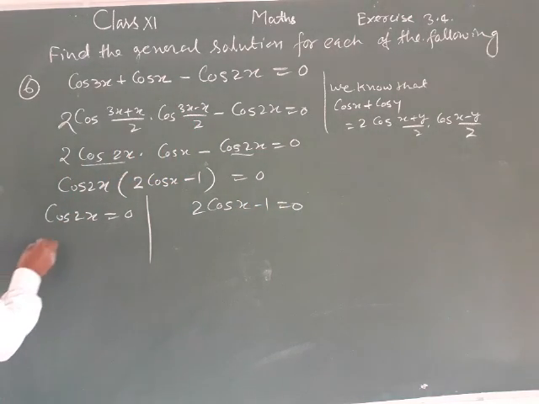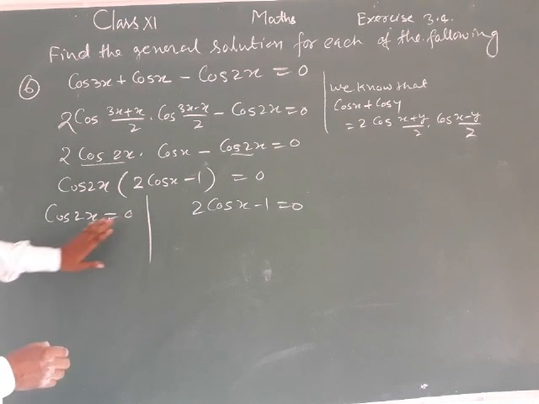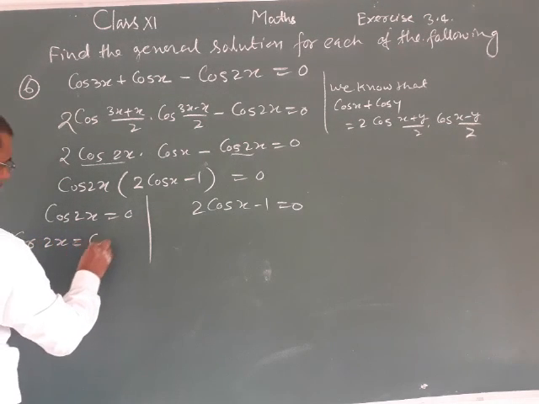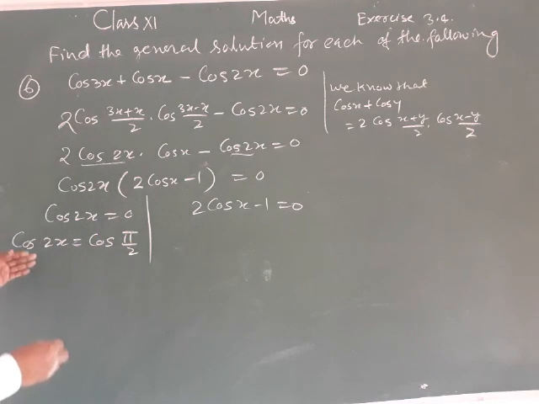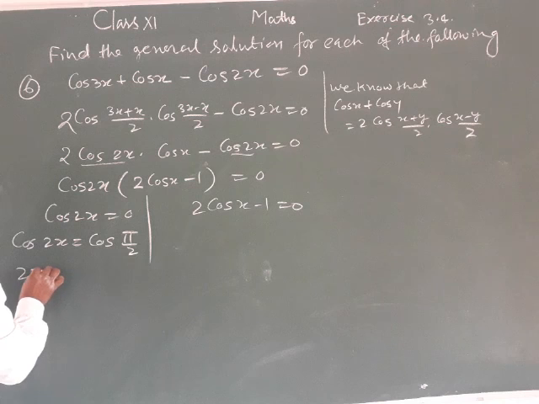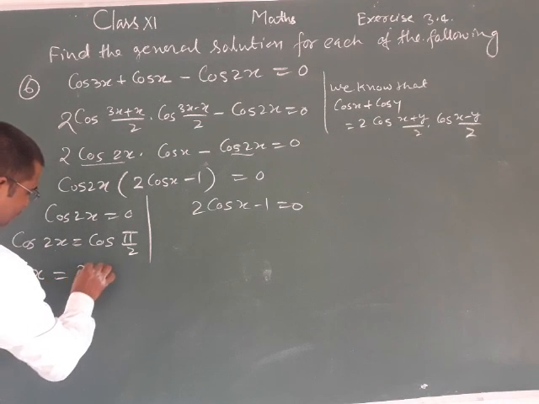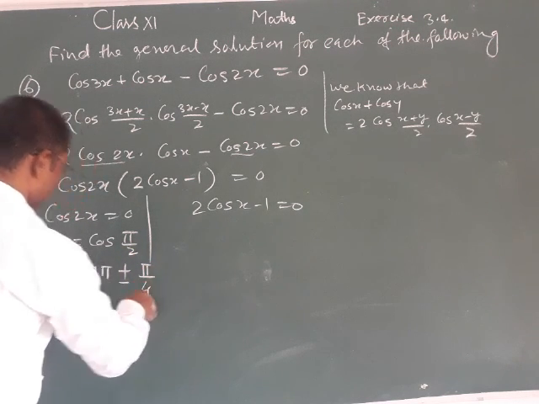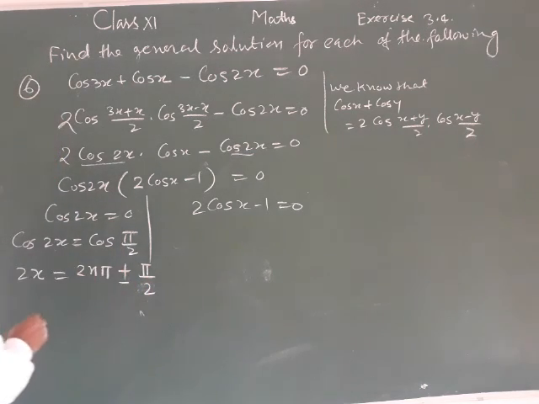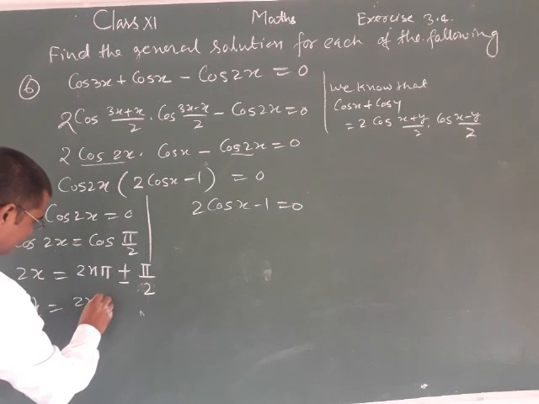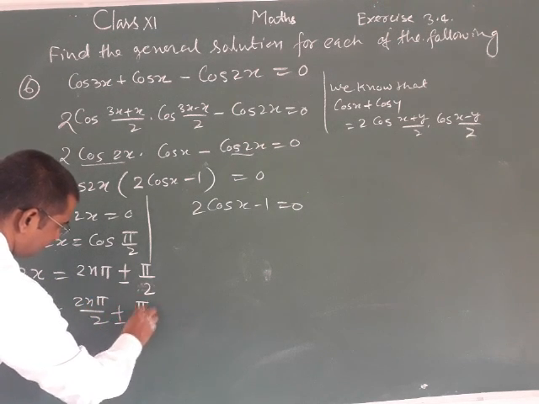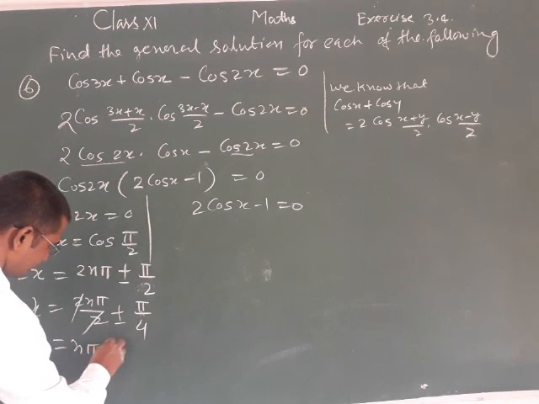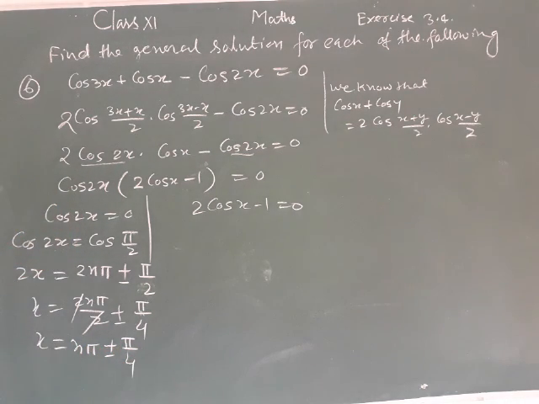Also you can write cos 2x is equal to 0 and 2 cos x minus 1 is equal to 0. So cos 2x is equal to cos pi by 2, so 2x is equal to 2n pi plus minus pi by 2, so x is equal to 2n pi upon 2 plus minus pi by 4, and 2 cancels out, so x is equal to n pi plus minus pi by 4.